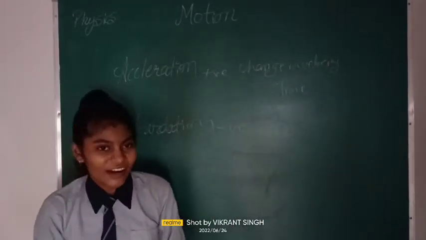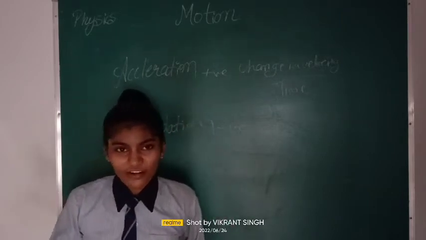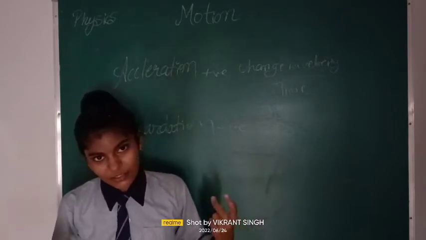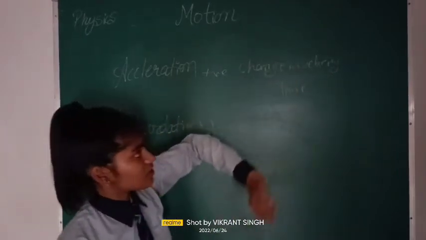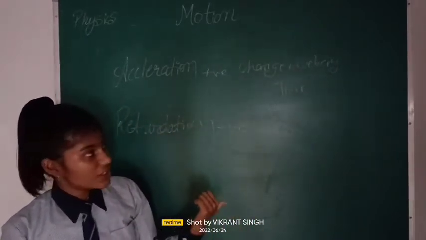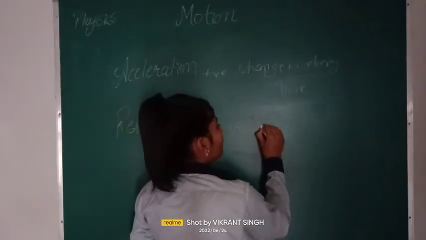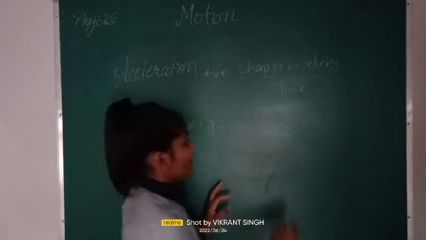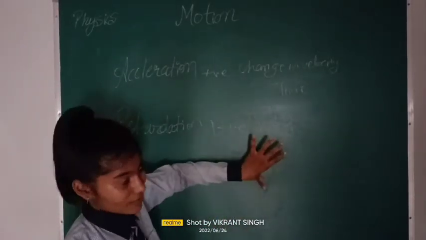When acceleration is negative, we call it retardation or deceleration, which means in future there are many possibilities for the object to come to rest. Change in velocity is final velocity minus initial velocity, upon time. We will get to these signs later.